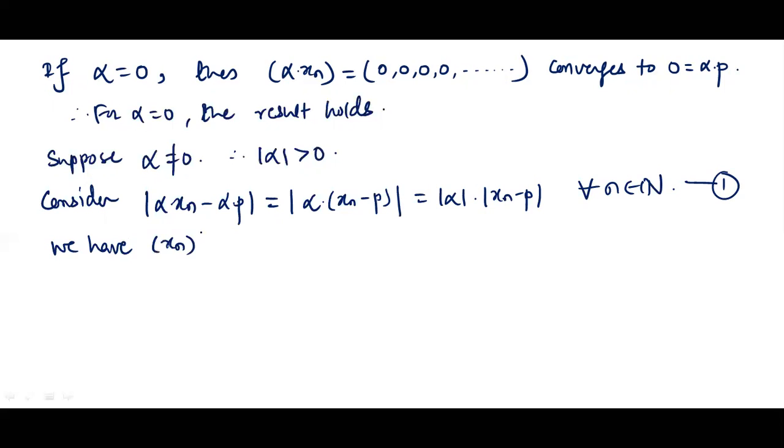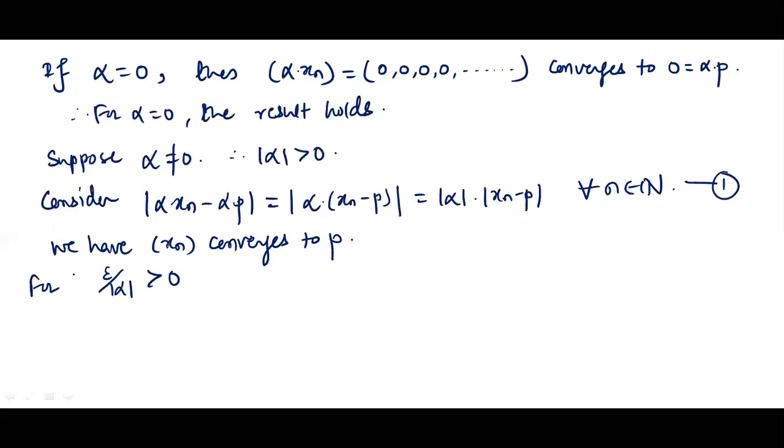See, we have sequence xn converges to a real number p. Since mod of alpha is positive, epsilon is positive, epsilon divided by mod of alpha is also positive.